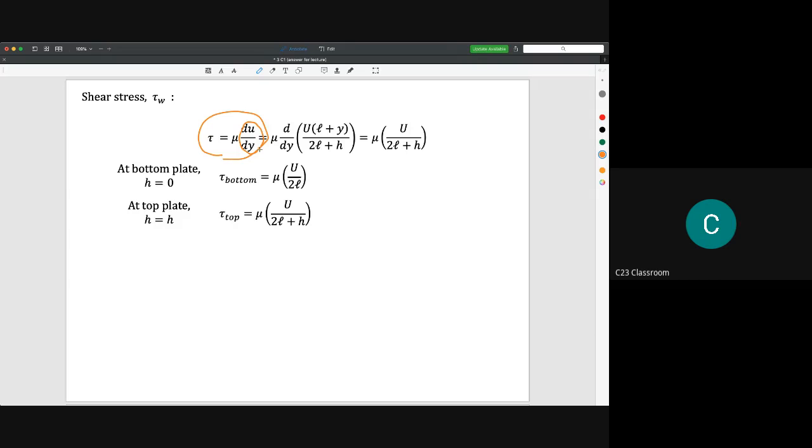We know the value of u, so we differentiate with respect to y, and we get that at the bottom the shear stress is mu U over 2L, and at the top it is mu U over 2L plus h. So we prove that these two equations can be used to calculate the shear stress.